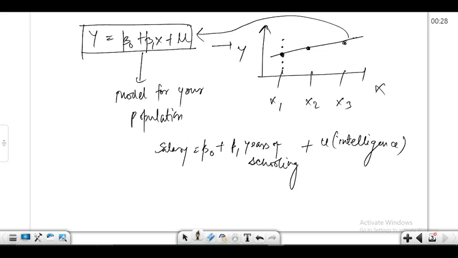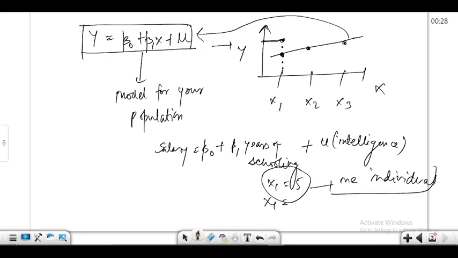If I take x1 equal to 5 years of schooling, I will get a certain value of y, say suppose here. When x1 is equal to 5, the value of y that I get is for one individual.